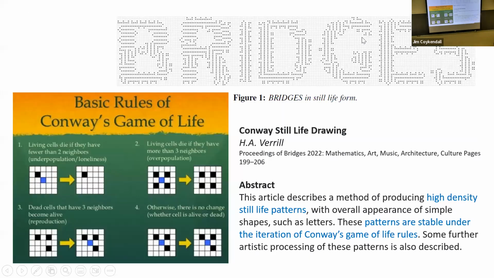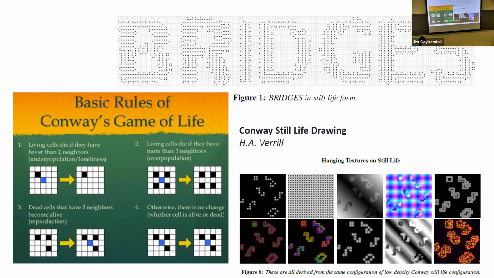There is another one. That is some work in the still life form. What does it mean? I somehow feel that these people are quite funny. These people just wrote a paper on how to generate all these figures.